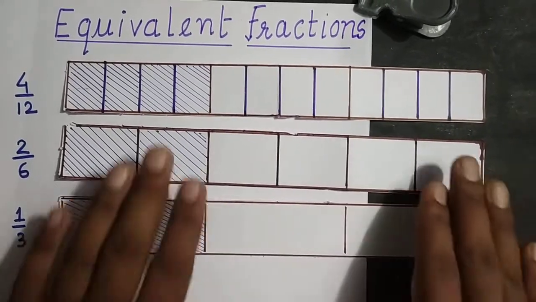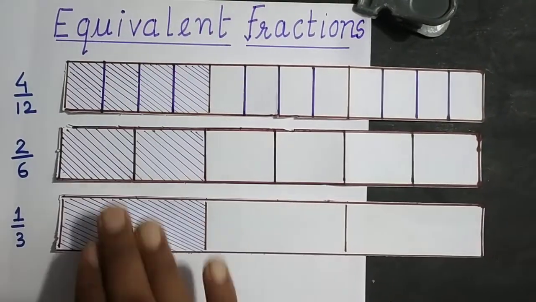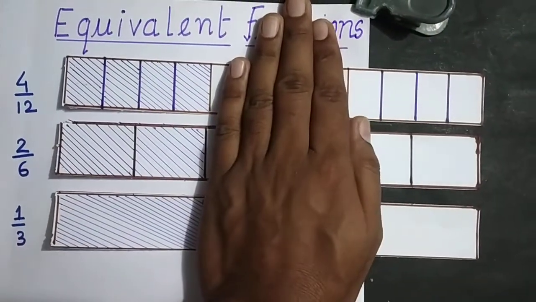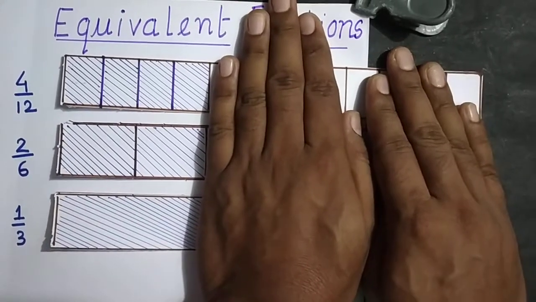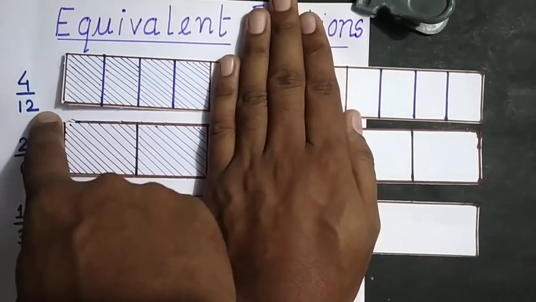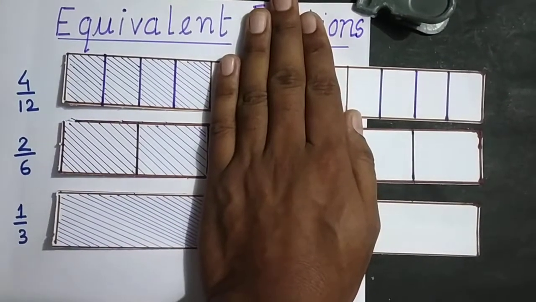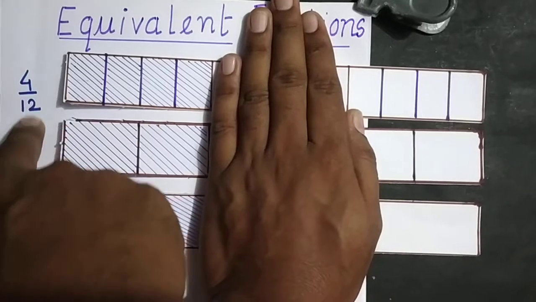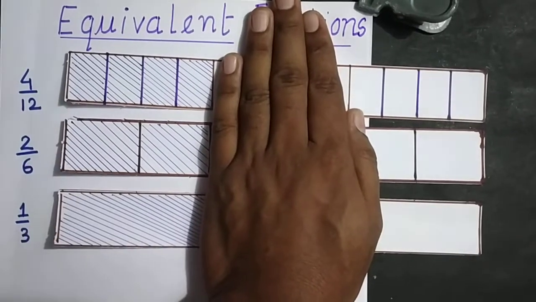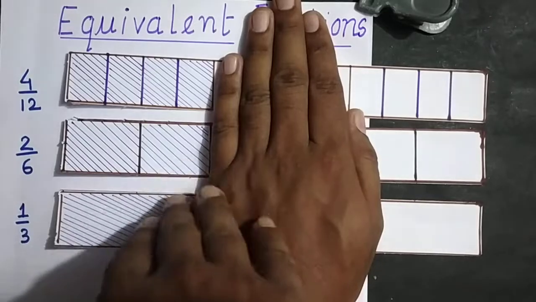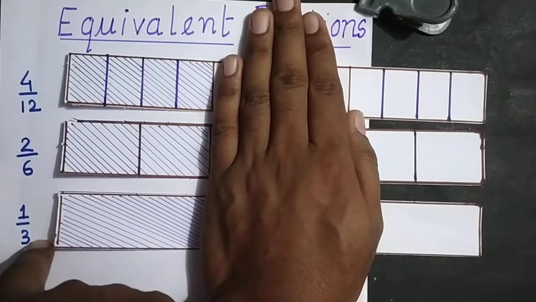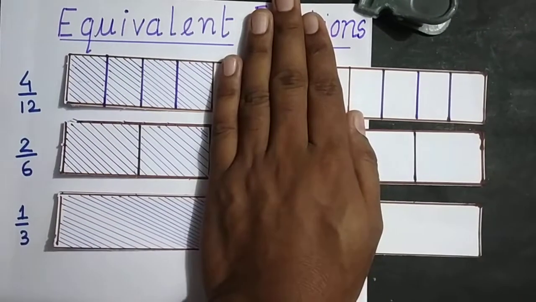So finally you can see all the shaded portions in A, B and C. You can see all these shaded portions are equal in measurement, but we are representing them by different fractions. Understood? It means 4 by 12 is equal to 2 by 6 is equal to 1 by 3. ये तीनों फ्रैक्शन डिफरेंट दिख रहे हैं, बट ये डिफरेंट नहीं है. ये तीनों एक ही वैल्यू को रिप्रेजेंट कर रहे हैं. मीन्स अगर ये तीन चॉकलेट एक साइज की है, हमने ए को 4 by 12 दिया, बी को 2 by 6 दिया, सी को 1 by 3 दिया, फाइनली दे विल गेट सेम पोर्शन ऑफ चॉकलेट.